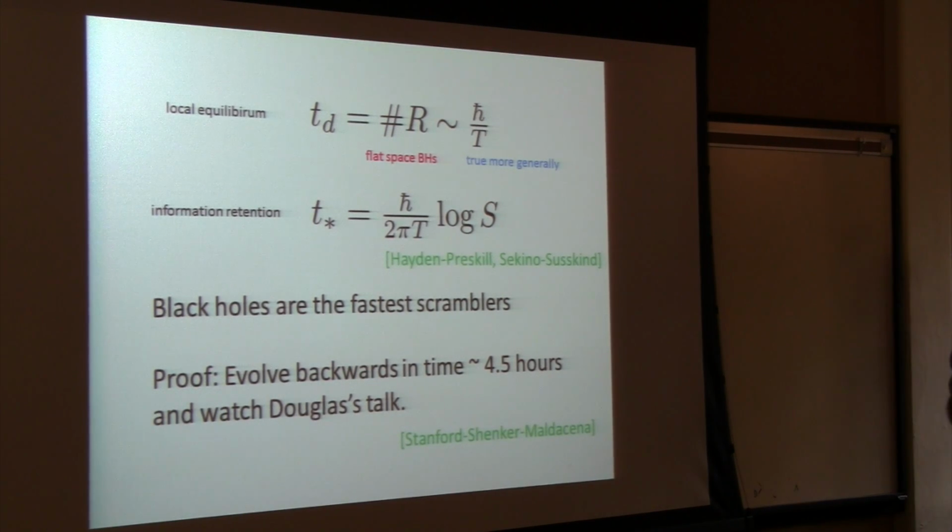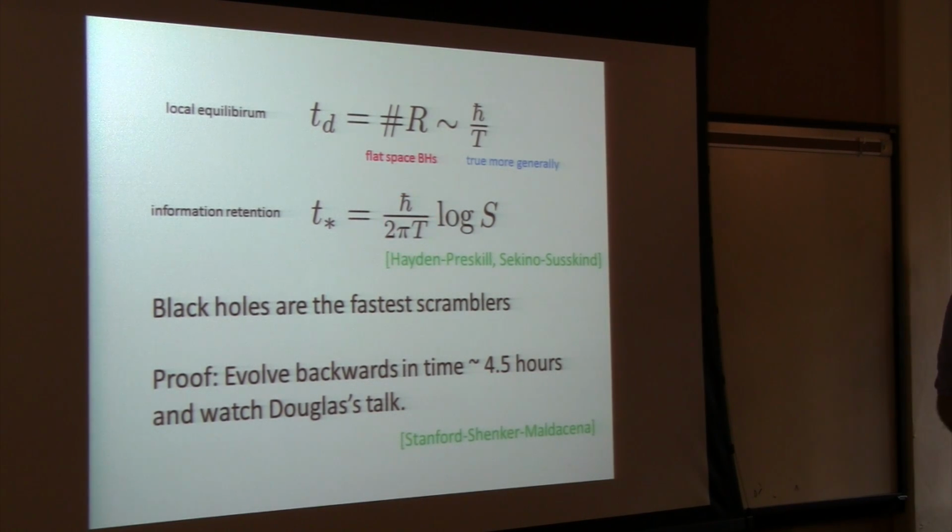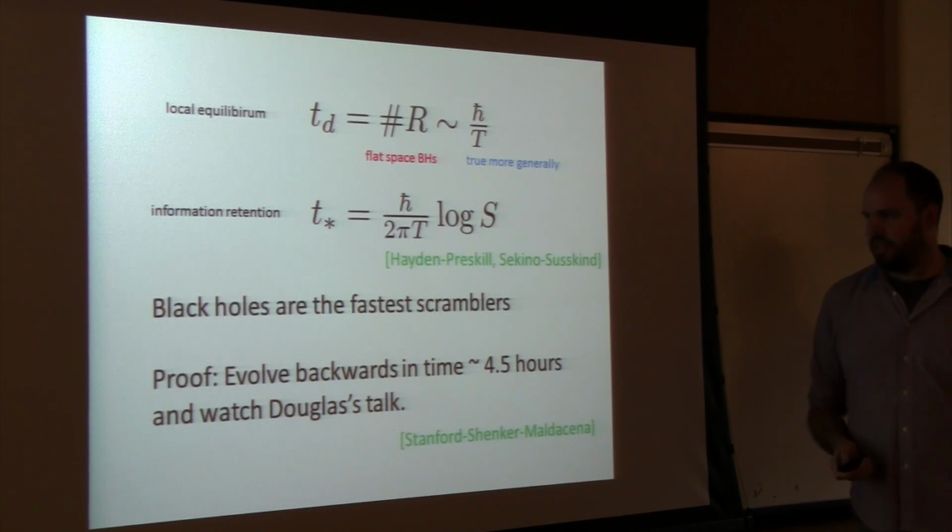And then more recently, it was pointed out that if you want to ask about the dynamics of quantum information in this case, then you get another interesting time scale. This is the scrambling time, which Douglas talked about this morning. And here you see the prefactor, this 1 over T, but also there's a log S. So this is longer, but at the same time, not as long as it takes for the black hole to evaporate. Right? So there's still something interesting happening on these intermediate time scales.